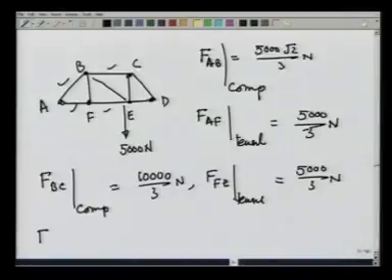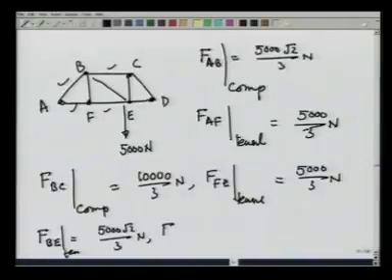Then FBE came out to be tensile, and its value was 5,000 root 2 over 3 newtons. FBF came out to be 0. So, we have done BF, we have done BE.